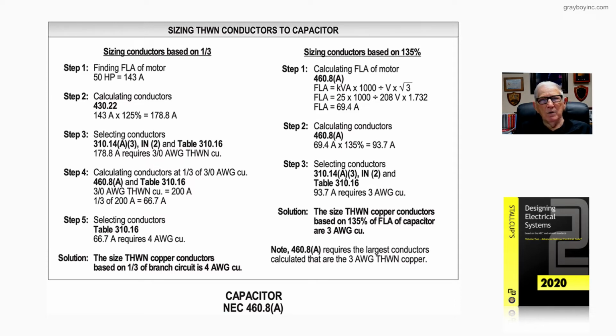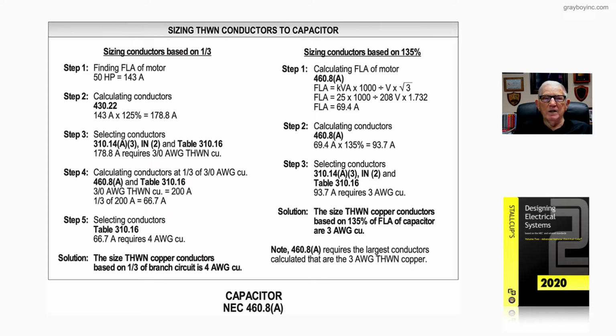And notice we would pick up when we go to Article 430, Part 2, and scroll down, 430.22, we take 125% of the 143 amps from step 1, and we come up with 178.8. Step 3 will select the conductors, and always the golden rule we would apply, 310.14(A)(3), informational note 2, which states calculate the load.